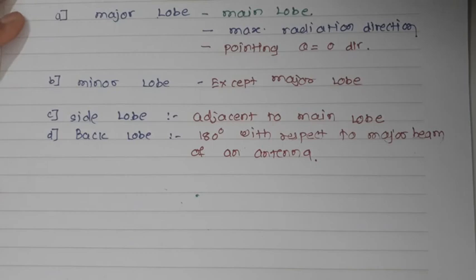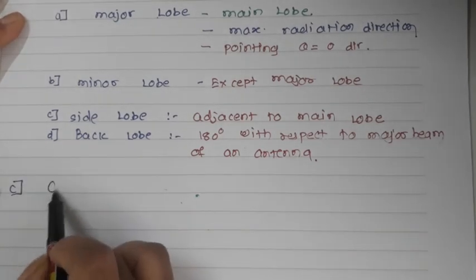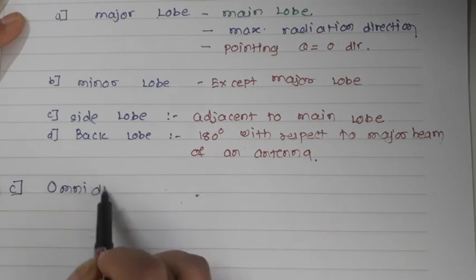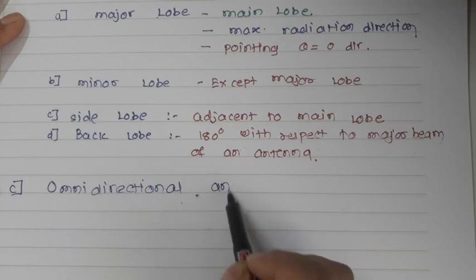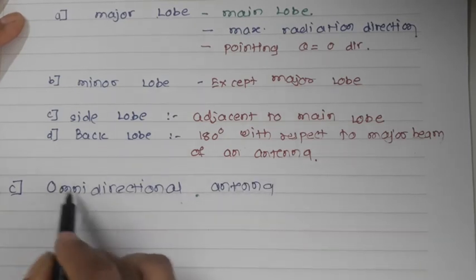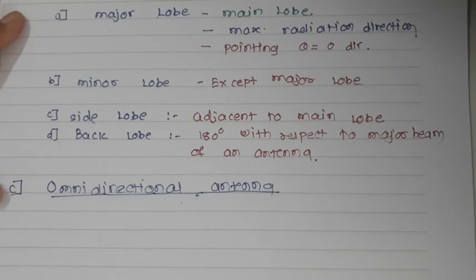Now let us talk about the third radiation pattern of antenna, that is the omnidirectional antenna. How are you going to define the omnidirectional antenna? An omnidirectional antenna is defined as an antenna having an essentially non-directional pattern in a given plane and a directional pattern in any orthogonal plane.